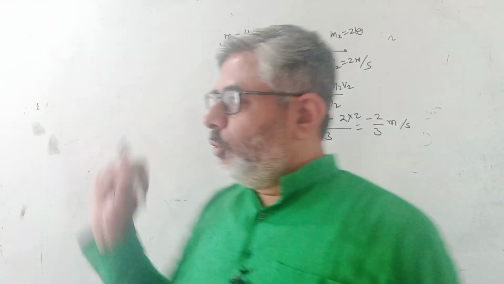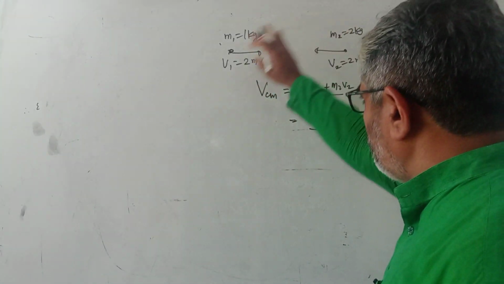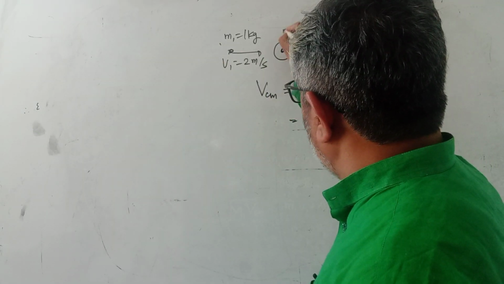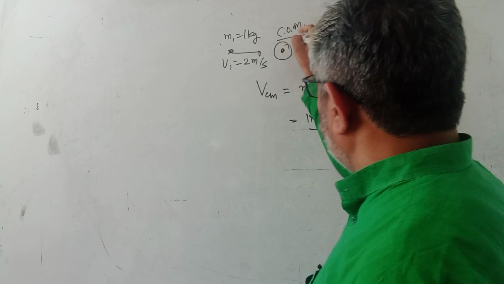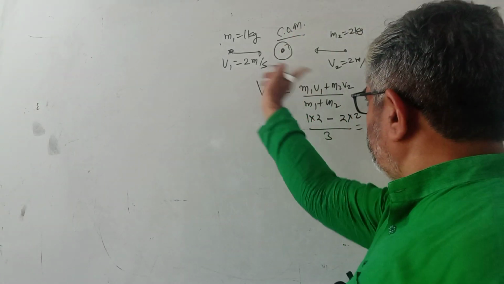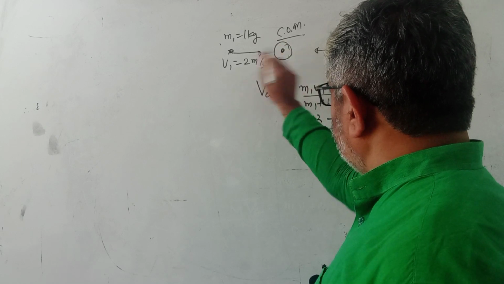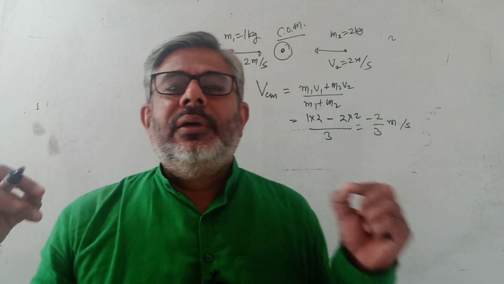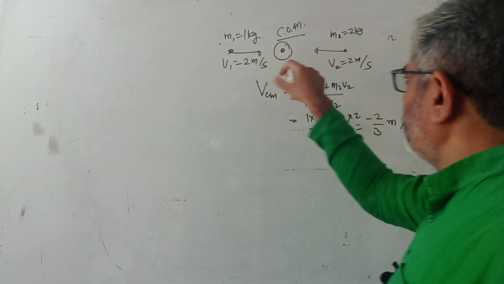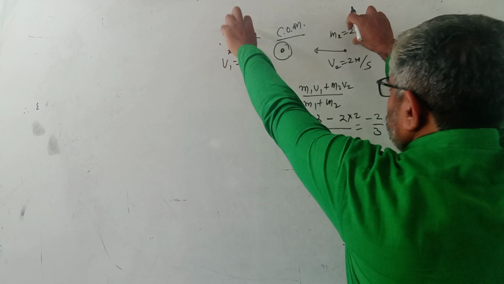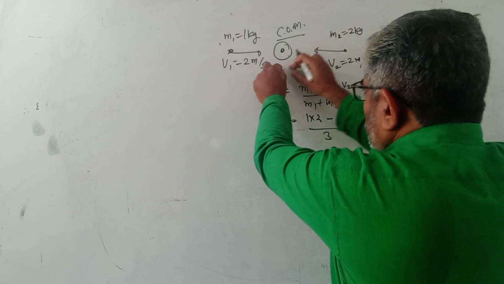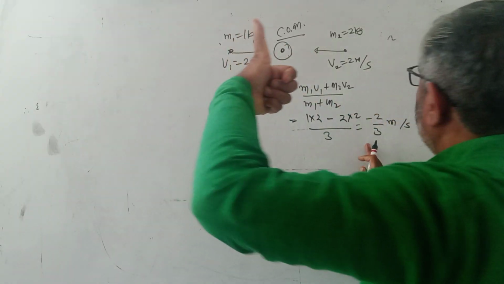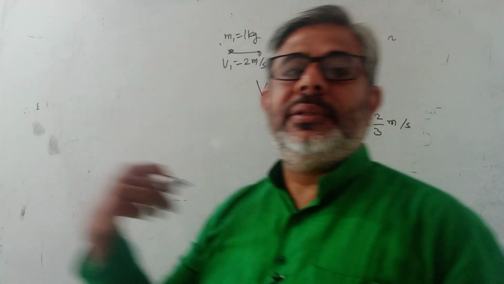Yet if you ask about the representative point of this, suppose you remove these two and you take this as the representative point, which is the center of mass, and somebody asks you the velocity of this, then you say that the center of mass, which is representing this system, has the whole mass imagined to be concentrated here. 2 plus 1, you can put 3 kg here, and this 3 kg will be moving with a speed of minus 2 by 3 meters per second in this direction.